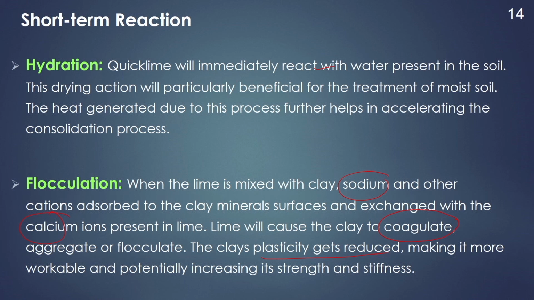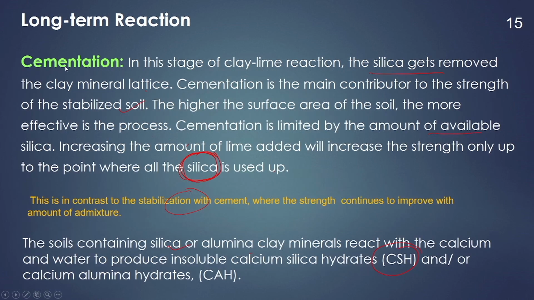Because of the presence of negatively charged particles as well as different types of exchangeable cations, clay soil is more active in comparison to other kinds of soil, and can be treated more effectively in comparison to sandy soil.